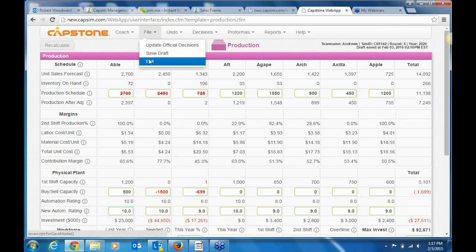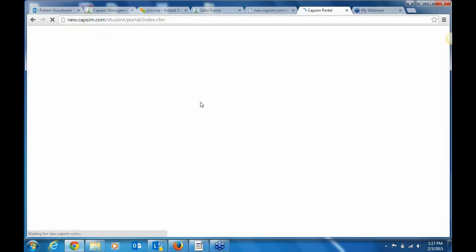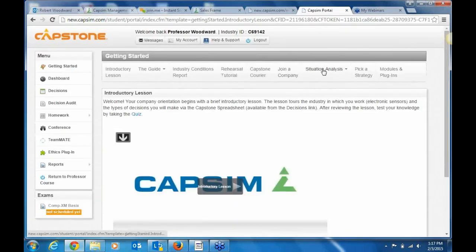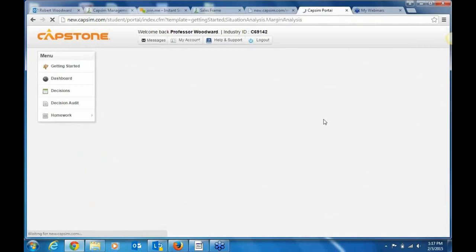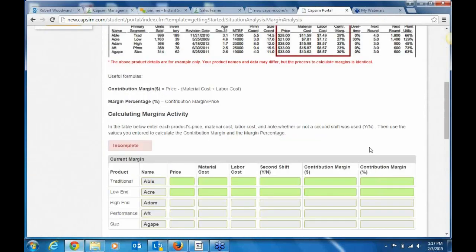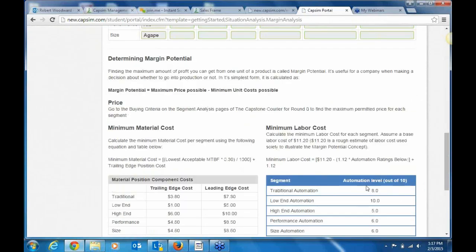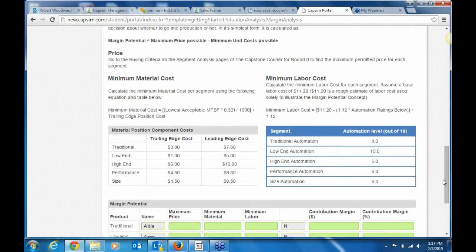But a couple places to get good information on good automation ratings is back to the Getting Started section in the margin analysis. We give recommendations as to certain recommended automation levels depending upon your segment.